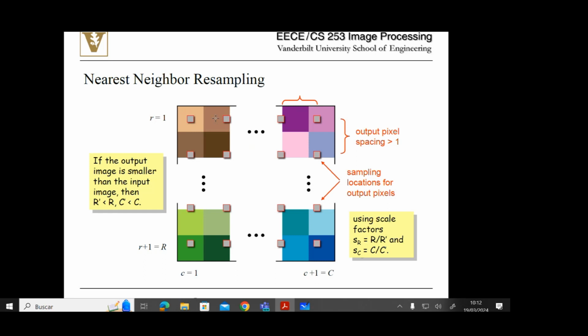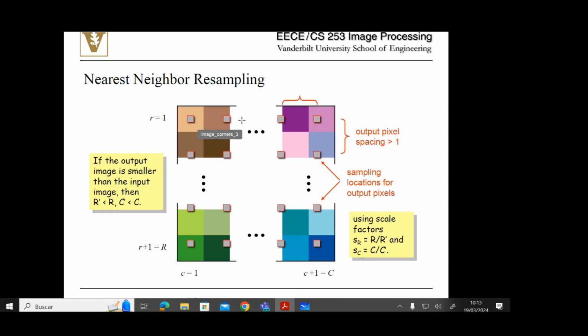If this is the case, the output image will have more or fewer samples than the original? Fewer. They are separated more than in the original signal. So are we doing a downsampling or an upsampling?